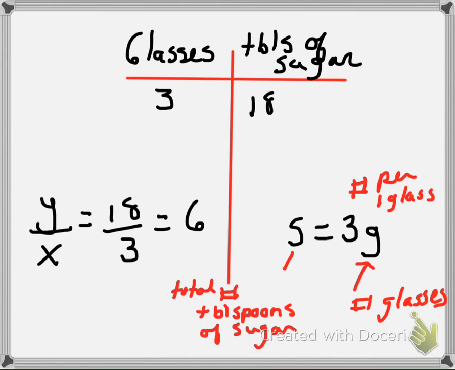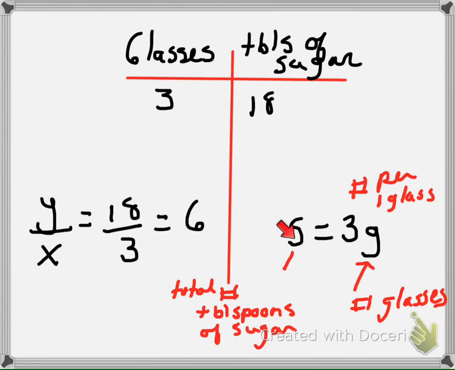And on the third one, the glasses and the sugar, however many glasses you're making affects how much sugar you use. So glasses is the independent and sugar is the dependent variable in this case. And if you do y divided by x, 18 divided by 3 gives you 6. So now I need to write the equation.